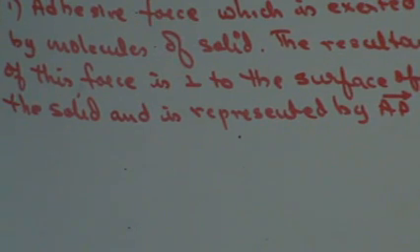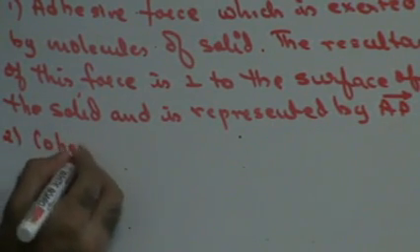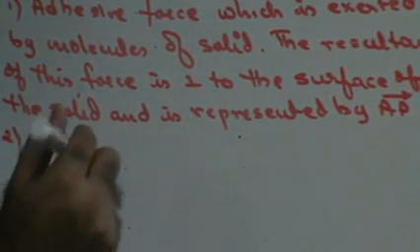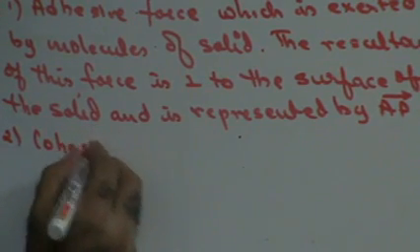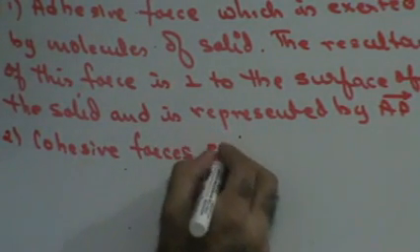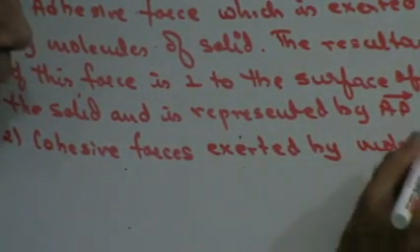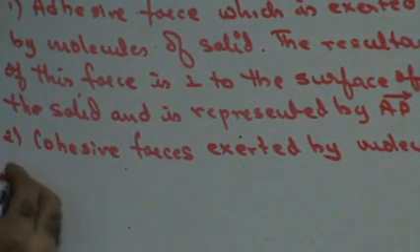Next, two molecules of liquid will attract each other. The force of attraction between molecules of the same substance is called cohesive force. So there is going to be some amount of cohesive force between molecules of liquid. So the second force that will exist is the cohesive force, exerted by the molecules of liquid.